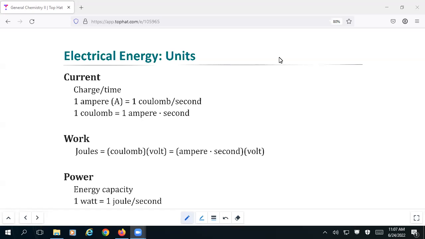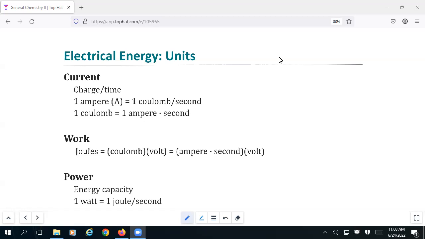So I just wanted to take a quick second here and look at just a couple of key units associated with electricity and systematically define these three terms in terms of the units that they have. So when we talk about current, it is the amount of charge delivered over a period of time.